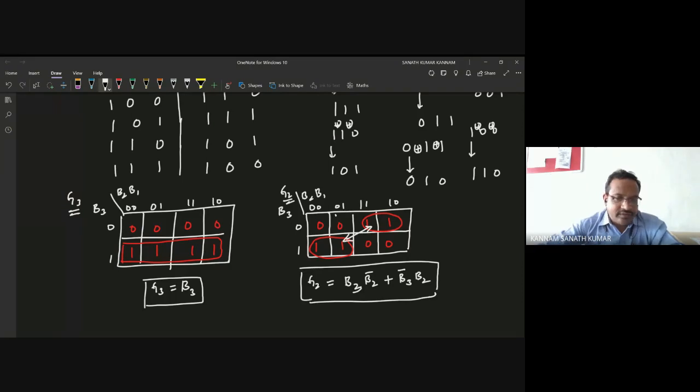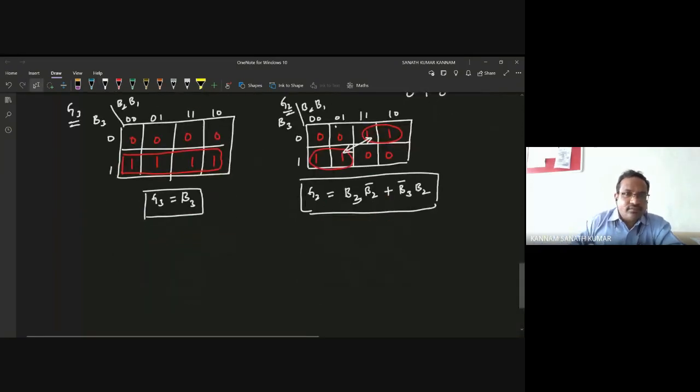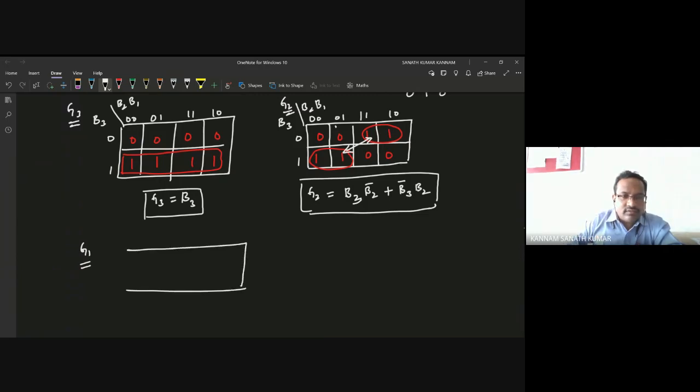Next, for G1, I'm drawing the K-map. This is B3, B2, B1.